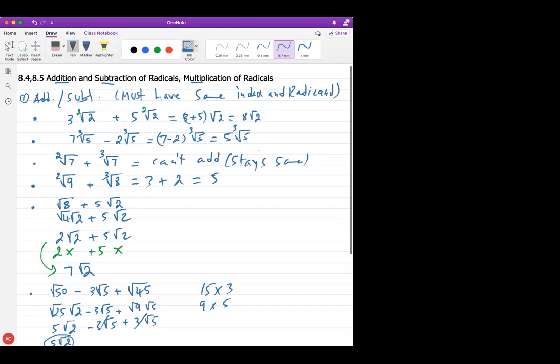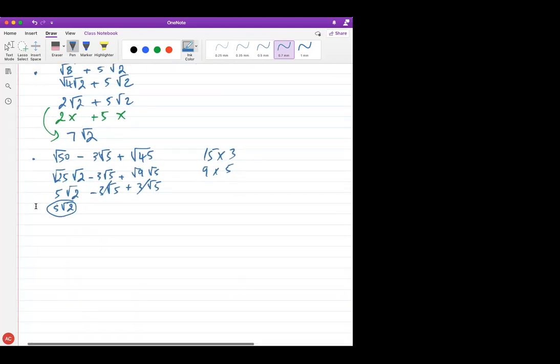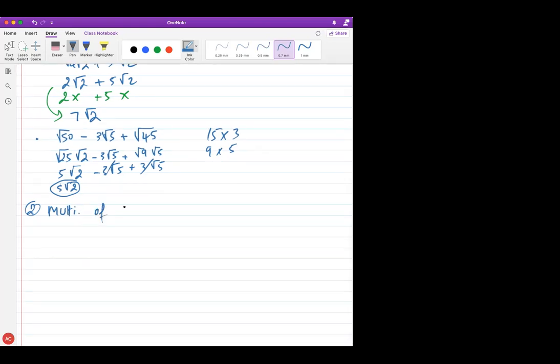Now let's go ahead and talk about multiplication. Multiplication of radicals.